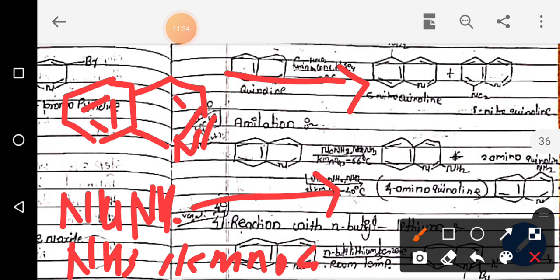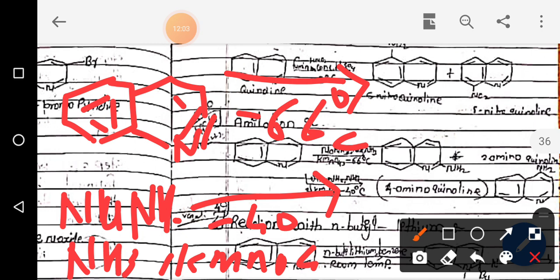But only one difference is here, that we are providing different temperatures. In the first case we are providing minus 66 degrees centigrade, and in the second case minus 40 degrees centigrade. It is done only in the case of amination reactions.